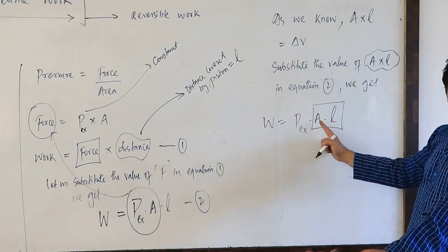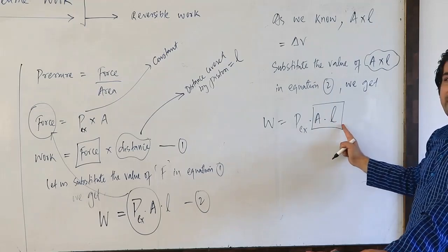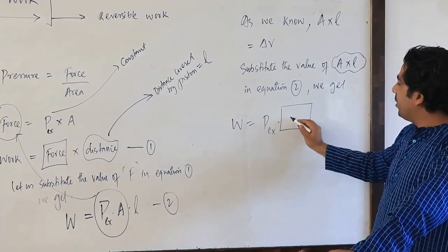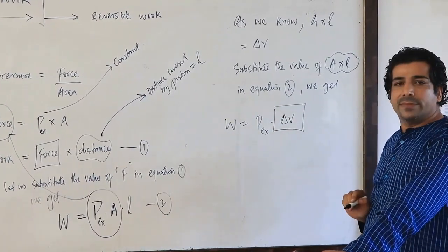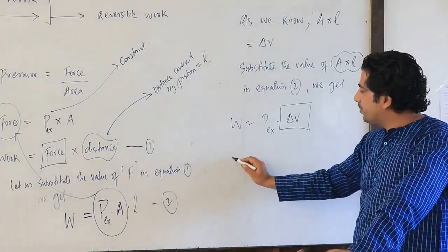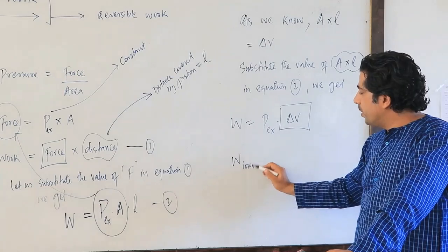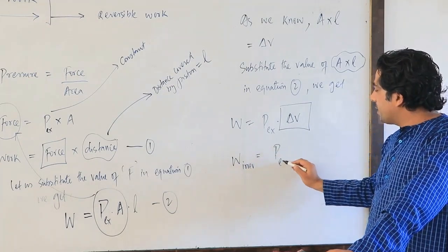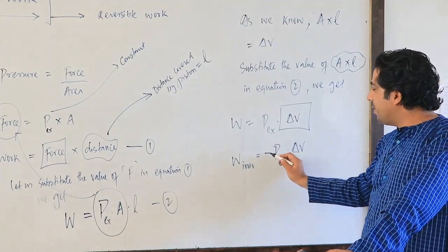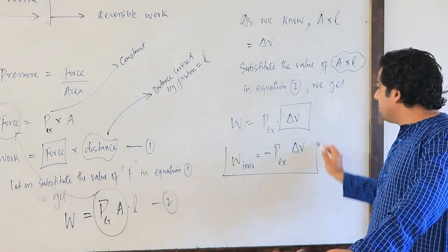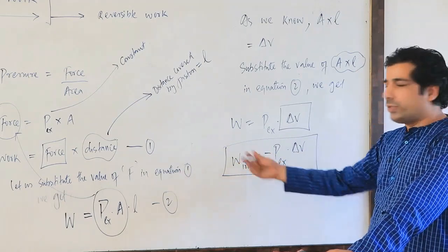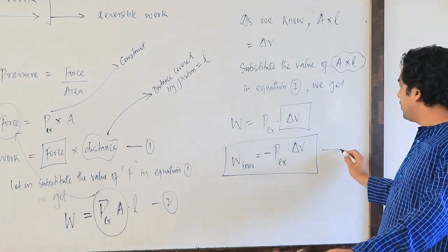So in place of this A into L, I can write down delta V. And we know that this is an irreversible work, so I will mention it like this. W irreversible is equal to P external into delta V. But I am using a minus sign here. Now you can ask me, sir, why you have used the negative sign here, which I am going to tell you afterwards. Please make note of this thing first.